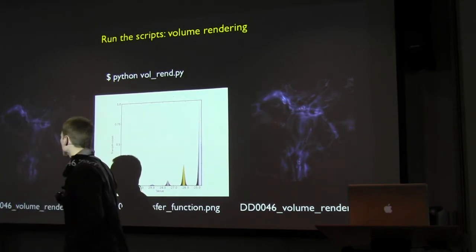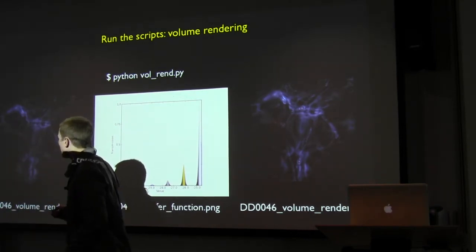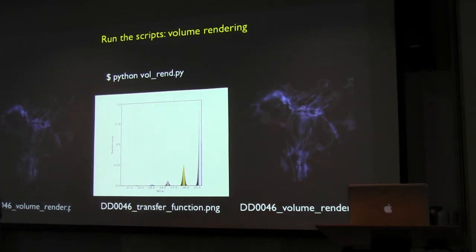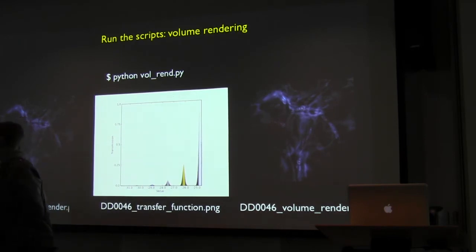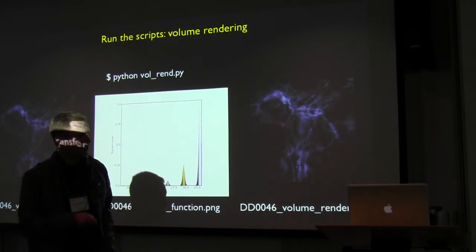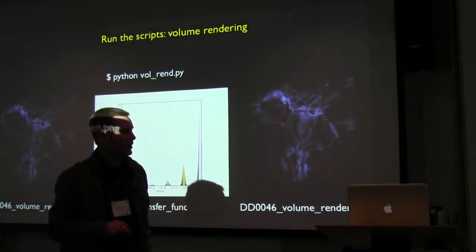So we're looking at ISO contours in the density field, and our density values vary from roughly 10 to the negative 32nd grams per cubic centimeter to 10 to the negative 25th grams per cubic centimeter. So that's what, here on our transfer function map, these are the values of density.